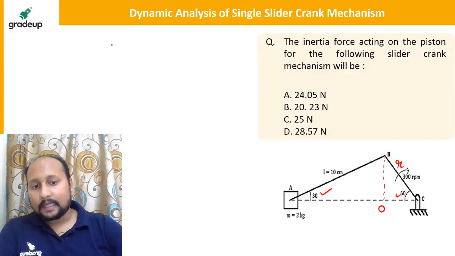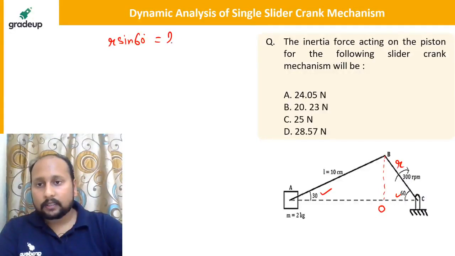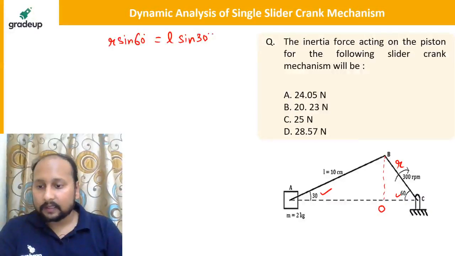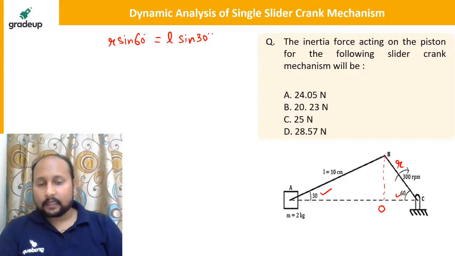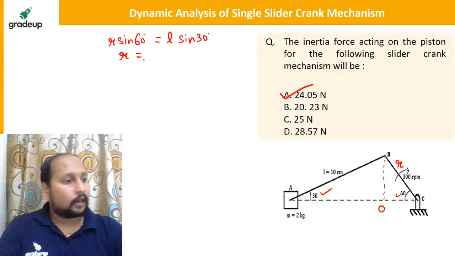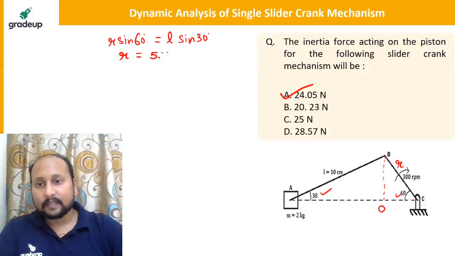I can write R sin 60 is equal to L sin 30. I can use this expression. Yes, Vivek Reddy is absolutely correct. Vikas also correct. So I have got two students who have responded correctly. So option A is the correct answer. So from this expression, you calculate the value of R, and you will be getting 5.77 centimeter as the value of R.